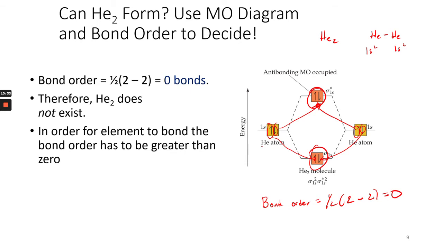And the answer is no. No diatomic for helium. And you knew that because we said the noble gases don't form diatomics. So you knew that. But now your bond order kind of shows that. So your molecular orbital diagrams show you more than just your atomic orbitals and your Lewis diagrams. It kind of combines them all. And it all has to do with the wave-like property of the electron.